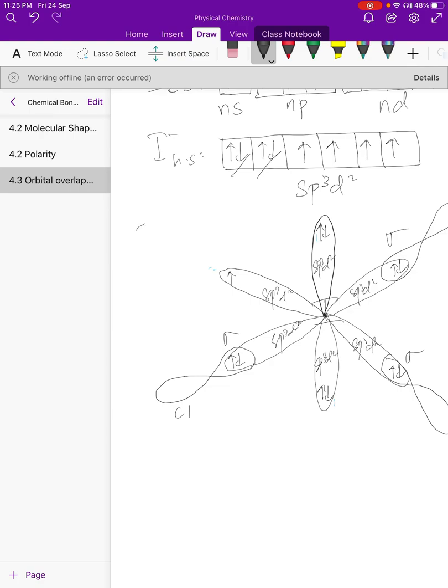And the final one, fourth chlorine, you get the fourth sigma. Oh, sorry, I erase this one. I draw a much better one. Okay, I get the fourth sigma.